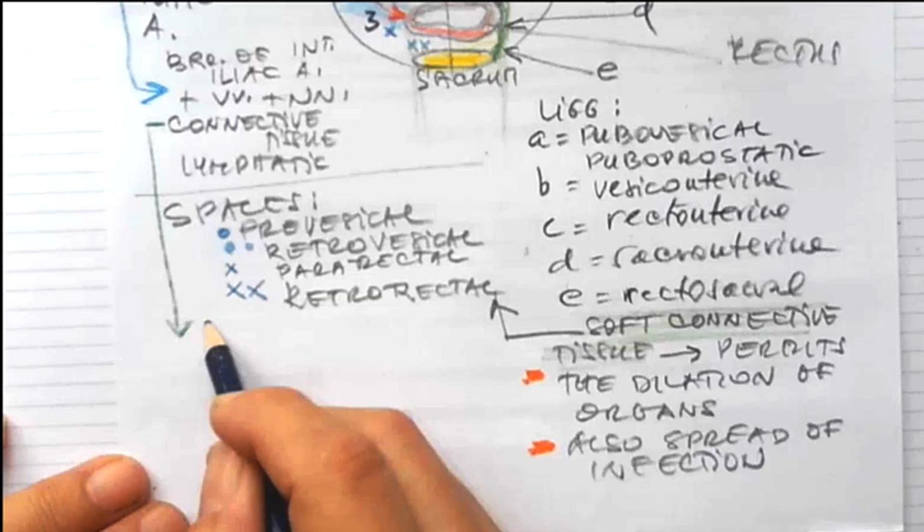So we need one page. We could say relation of the uterine artery and ureter. That's important to know.